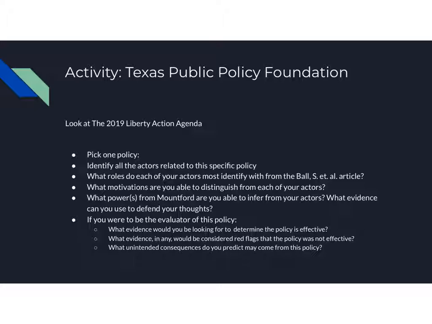And then tying together chapter 12, if you were the evaluator of this policy, what evidence would you be looking for that would tell you that this was effective? And then what evidence, if any, would be considered red flags that the policy is not effective? And then also, what are the unintended consequences that you predict could come from this policy?